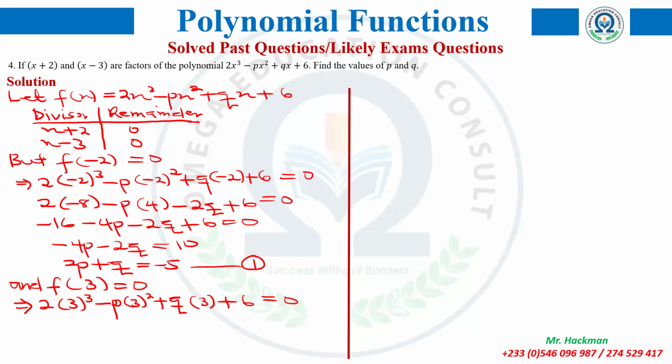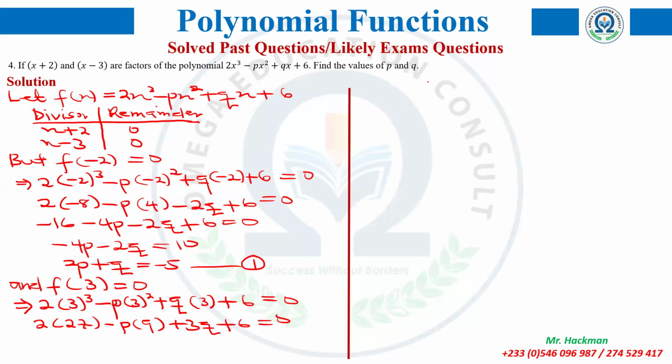Yes. So now what do we do here? We are going to remove the bracket, but deal with the powers first before the bracket. So 2 into 3 cube is 27. Minus p into 3 squared, which is 9, then plus 3q, plus 6 is equal to 0.